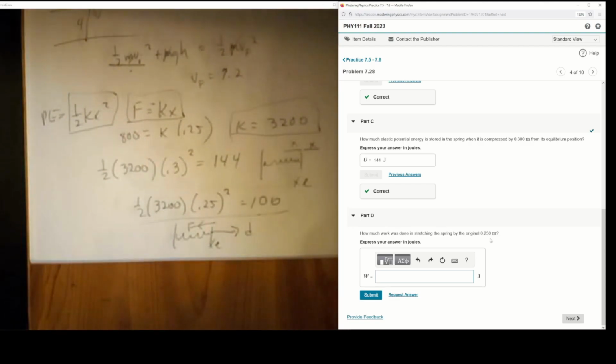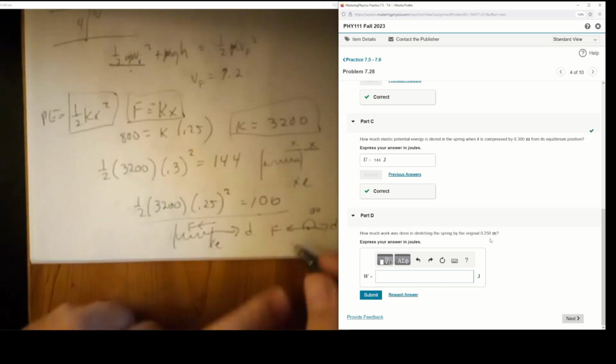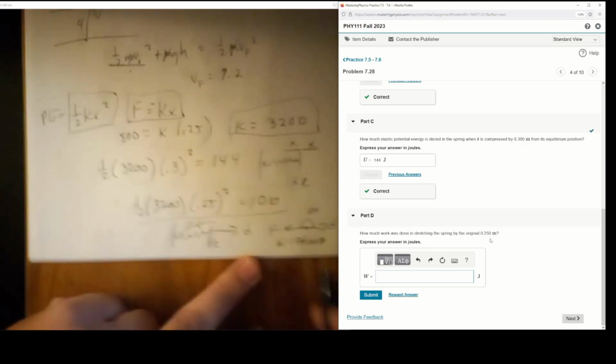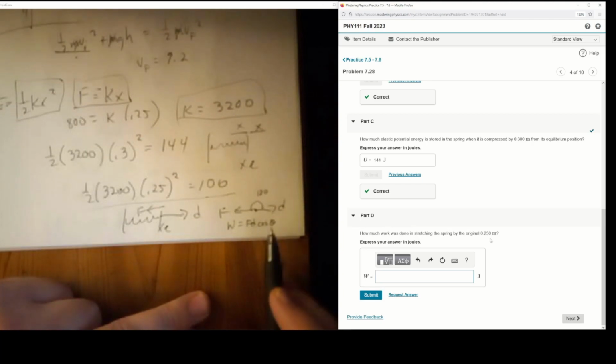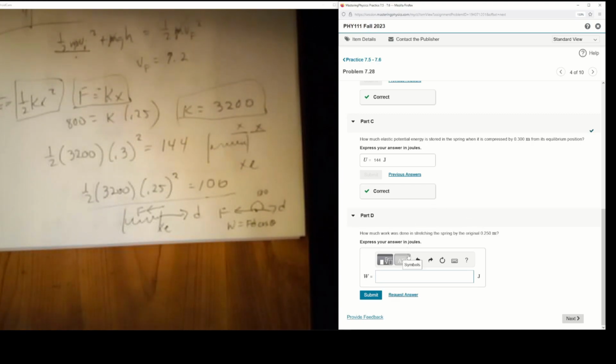It's pulling back against us. Connecting these vectors tail to tail, this is a 180-degree difference. And work is force times distance with this cosine angle. The cosine angle is the really important part, because cosine 180 is minus. And so we're actually going to get minus this energy here.